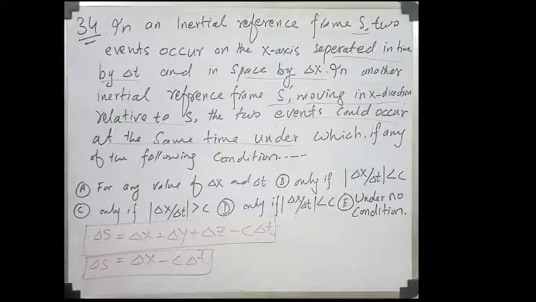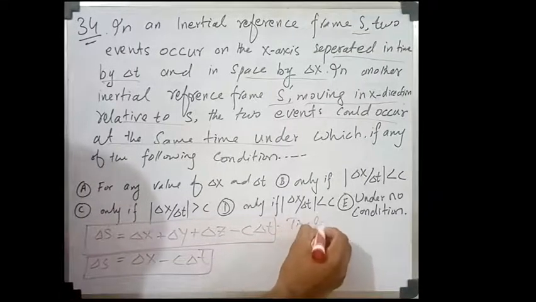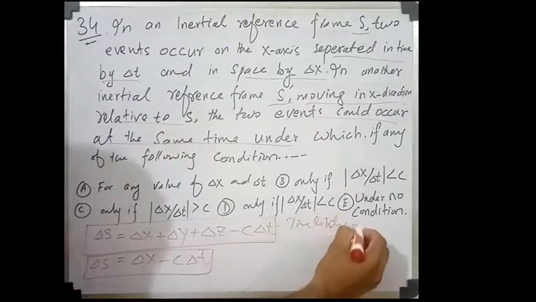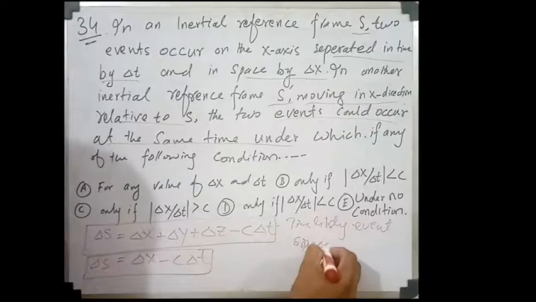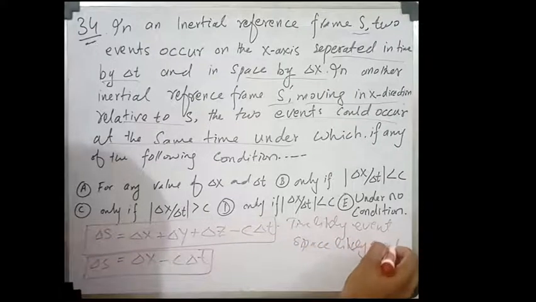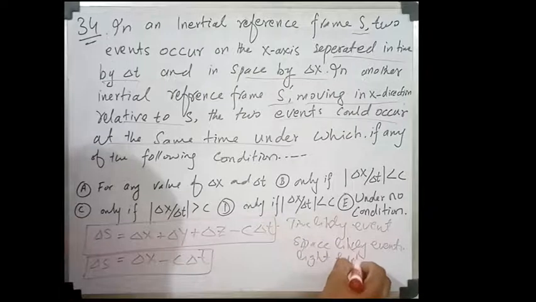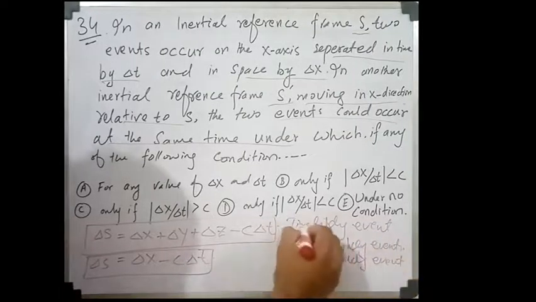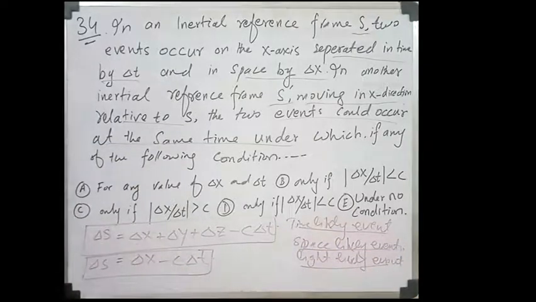Now we have three conditions: time-like events, space-like events, and light-like events.